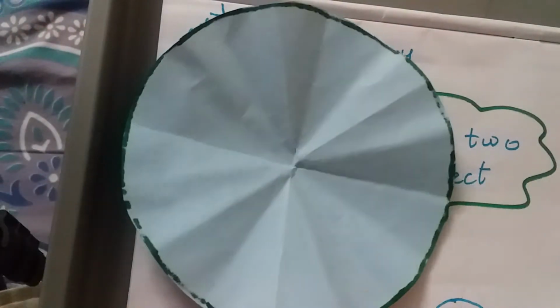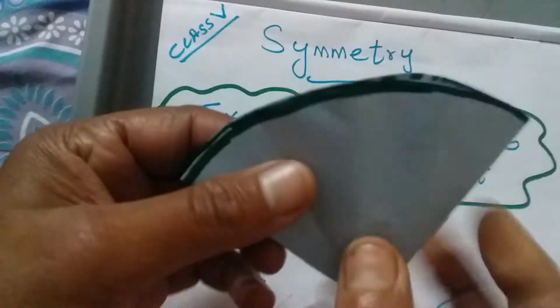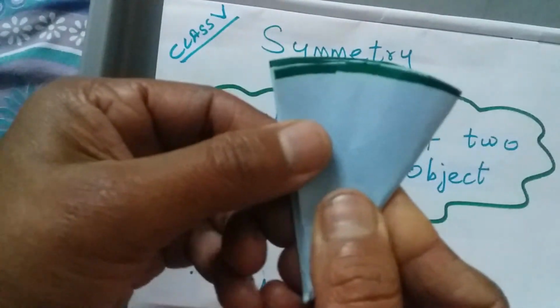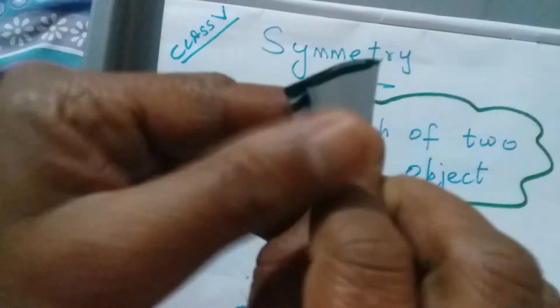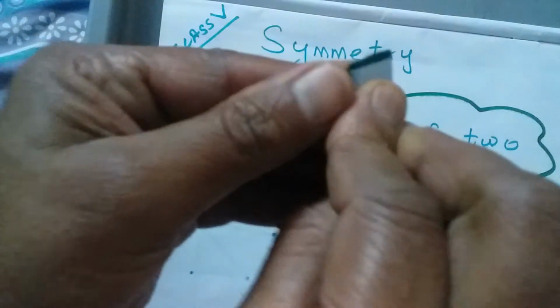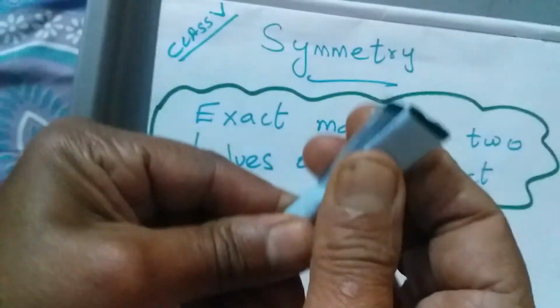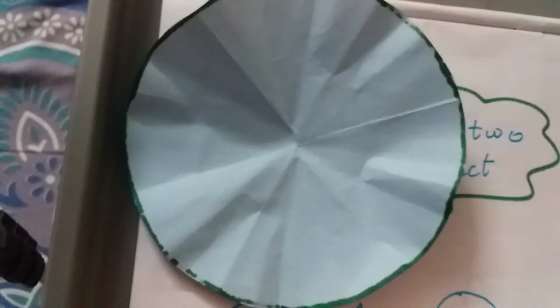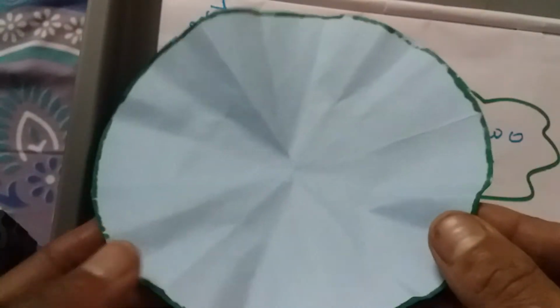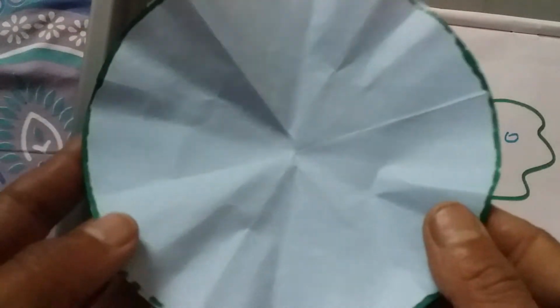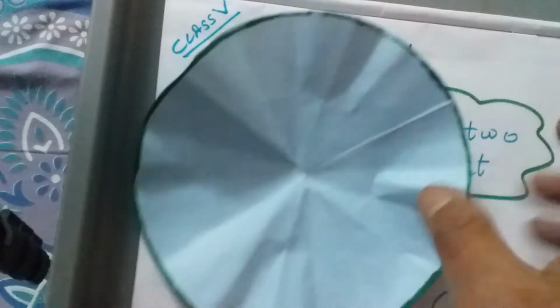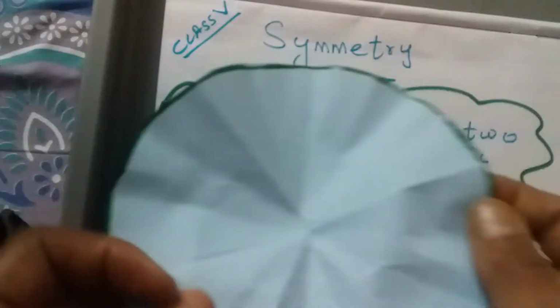And take a circle, fold it. 1, 2, see, it matches. 3, it exactly matches, divides into 2 equal parts. Now fold it into however many folds you can make. Any number of folds you make, the circle's edges will match exactly. Open it and you can see the folds.